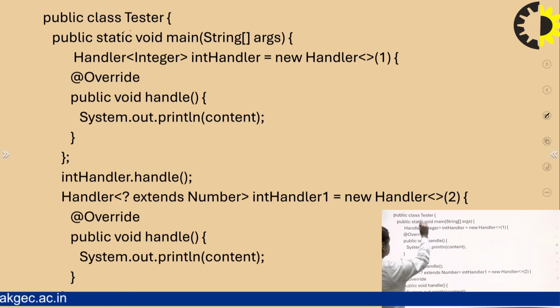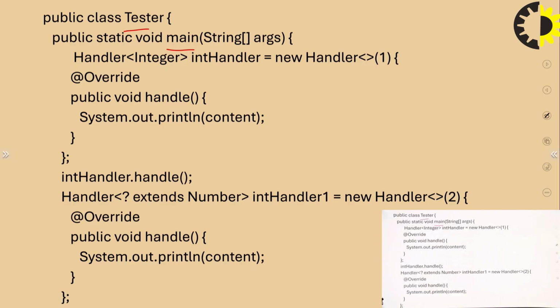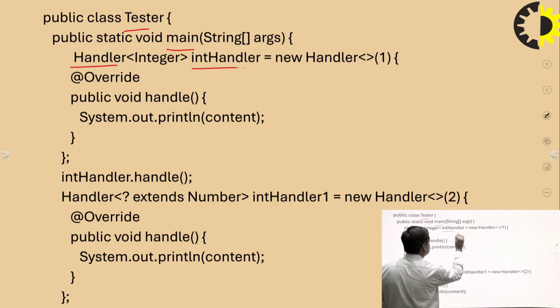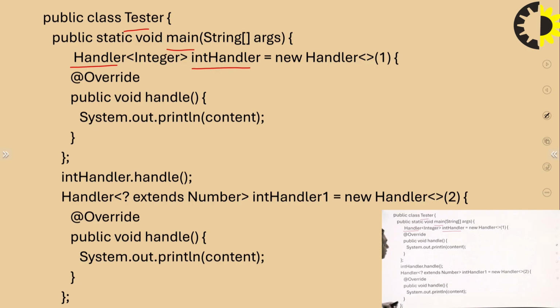We have a class Tester with the main method. We have a class Handler. We assume there is a class Handler, and intHandler is the object of this class, and we are passing the integer 1 here. That is, this object will work on integers, and we are passing 1. In that case, the constructor will automatically create the object of type Handler, and 1 must be an integer because we have already mentioned integer here.